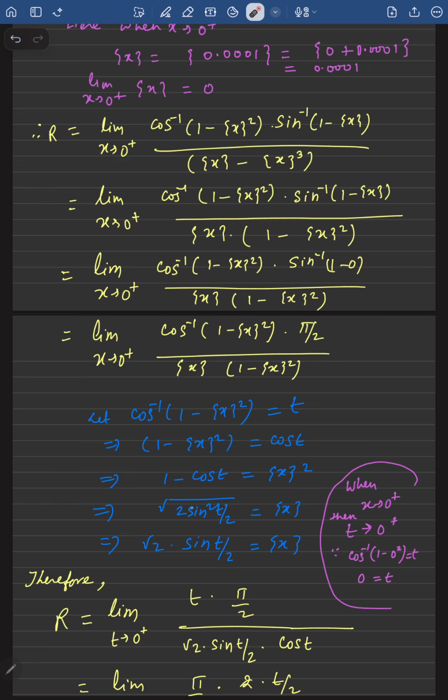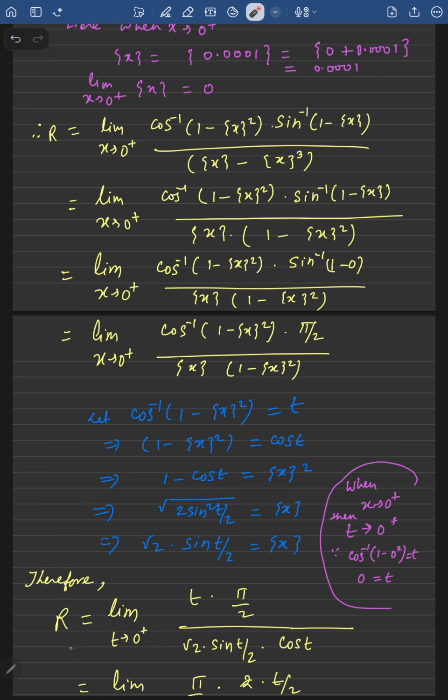When you open the square root, root 2 sin t by 2 is the fractional part of x. Now I have done this substitution for you. x tends to 0 plus, then t tends to 0 plus. Why? x tends to 0 means cos inverse 1, so that is 0. So you understand that point.